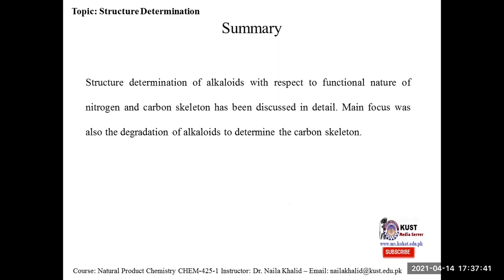Summary of the major points: we have discussed today some of the degradation techniques besides Hofmann exhaustive methylation and Emde modification. We have discussed all the other degradation techniques like the von Braun method, fusion with alkali, hydrolysis, oxidation, and dehydrogenation to determine the carbon skeleton of the alkaloid.